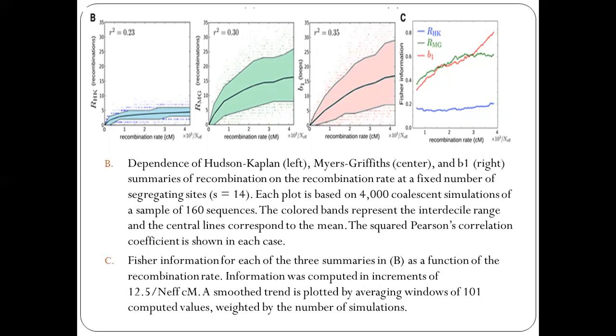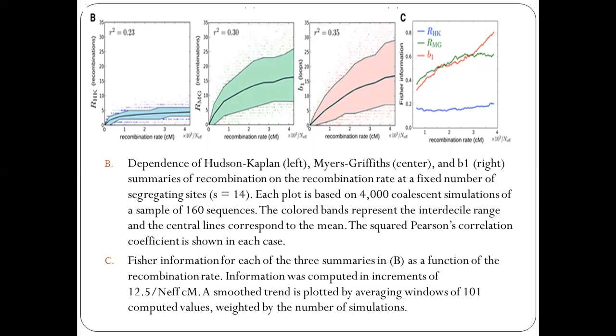Each plot is based on 4,000 coalescent simulations of a sample of 160 sequences. The color bands represent the interdecile range, and the central lines correspond to the mean. A squared Pearson's correlation coefficient is shown in each case.